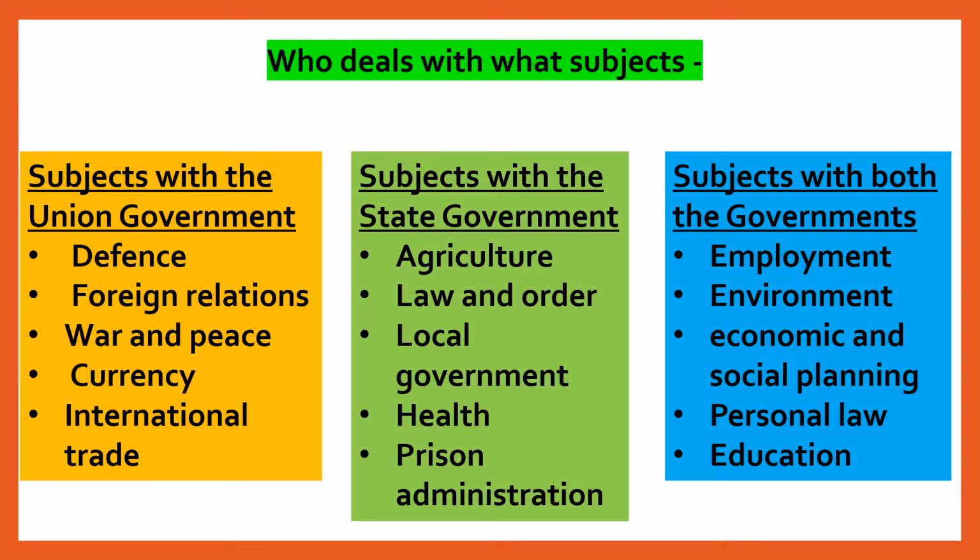Subjects with the state government include agriculture, law and order, local government, health, and prison administration. Subjects that come under both the governments include employment, environment, economic and social planning, personal law, and education.